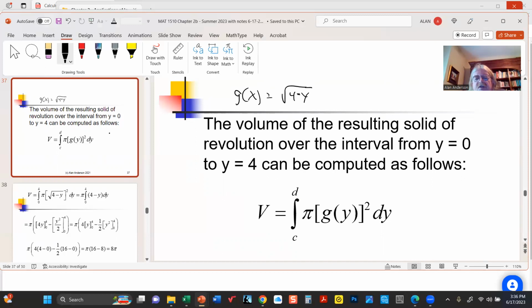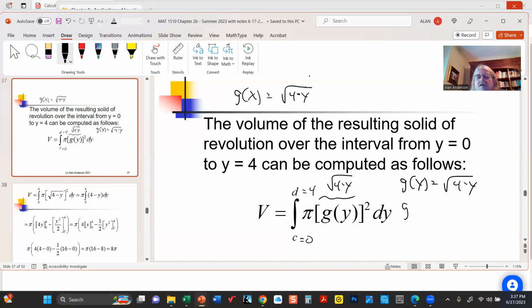So this is what you're actually doing. Now, the interval that we're interested in is from 0 to 4. That makes things a lot simpler, because since g of y is radical 4 minus y, g of y squared is simply 4 minus y.